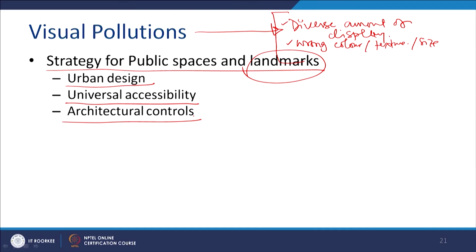Architectural controls are rarely used in India, but please take a note that unless we bring at least some amount of architectural controls in terms of the facade control, in terms of the color or texture or the pattern, it is not possible. And also please take a mental note that India was under colonial rule for 200 to 300 years.